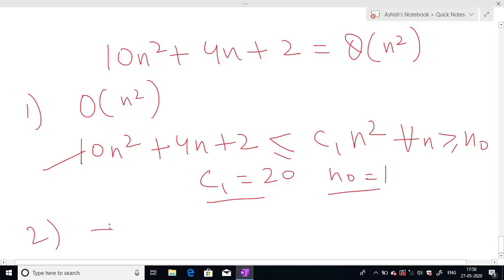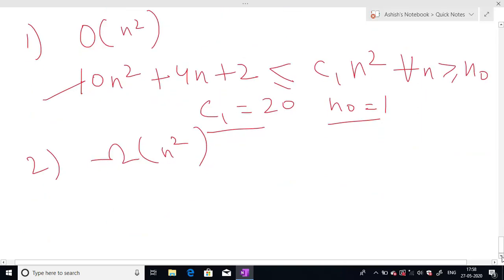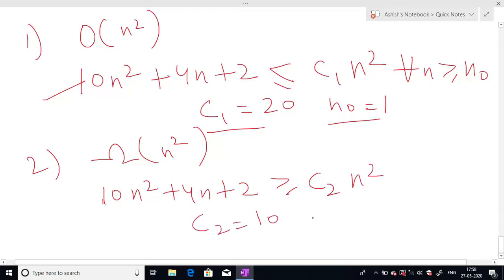Now we have to prove that this is also big omega of n square. When will it be big omega of n square? If 10n square plus 4n plus 2 is greater than or equal to c2 times n square. Let us take c2 equal to 10 and n naught equal to 1. We check 10 plus 4, 14, plus 2, 16, is greater than or equal to 10 into 1.